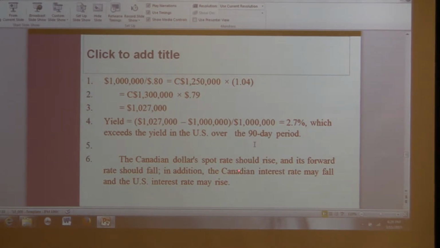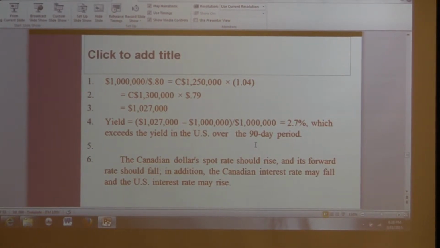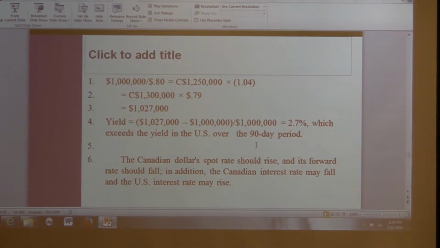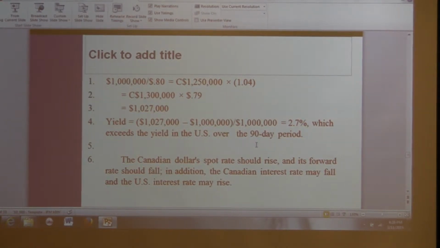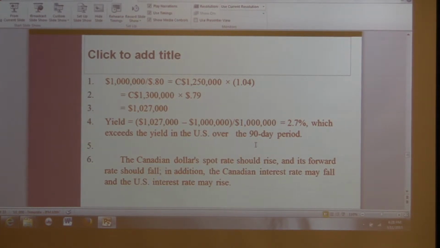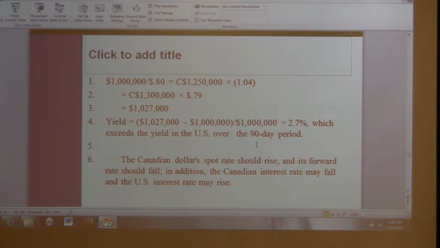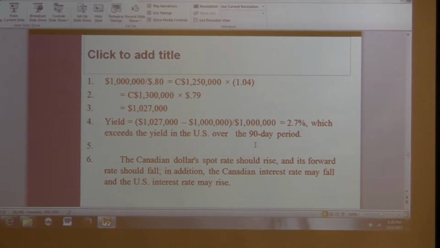The Canadian dollar spot rate should rise because people are buying the Canadian dollar, and the forward price should fall. In addition, the Canadian interest rate may also change. And I'm not sure about that, but definitely people are buying the Canadian dollar, the price of the Canadian dollar should go up, and when more and more people are selling the Canadian forward, the forward price should go down. Why do we call that an arbitrage opportunity?